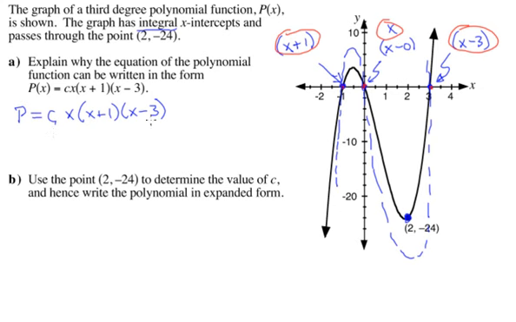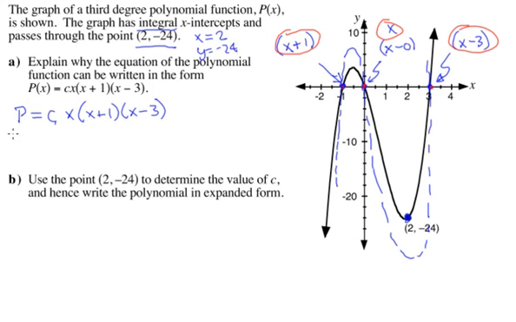So we know all that about this polynomial just from its x-intercepts. And they've given us one more thing. They told us that this curve goes through the point (2, -24). That's good stuff, because with that we can solve for C. This is saying when x is 2, y comes out to -24. Well, we can use that here.